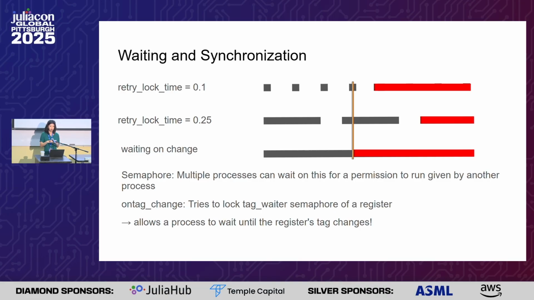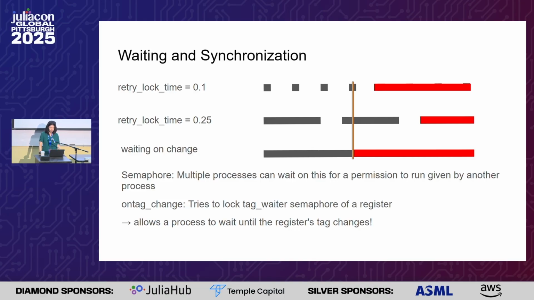Once the resource becomes available, it releases, and in this function called onTagChange, it'll try to lock that feature. So once it's unlocked, all the processes that are waiting on it can go ahead and be processed.